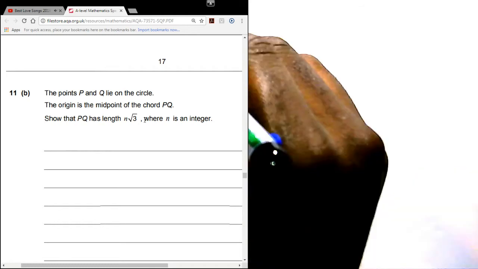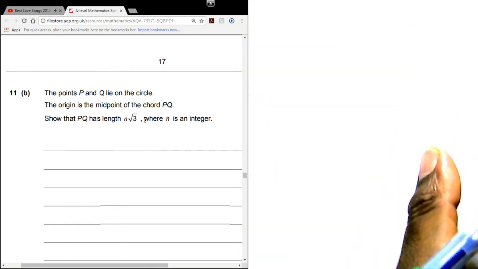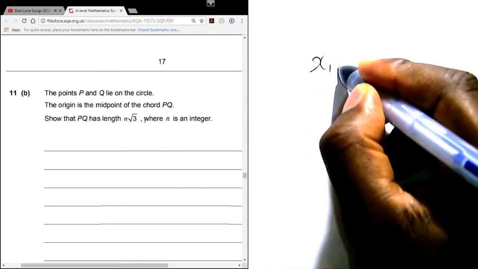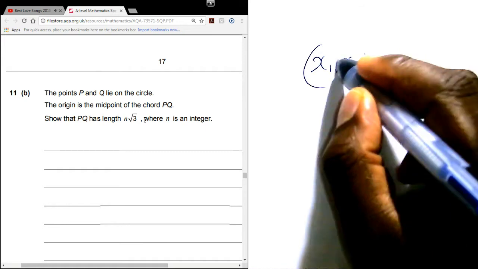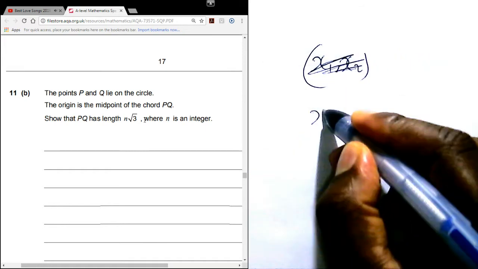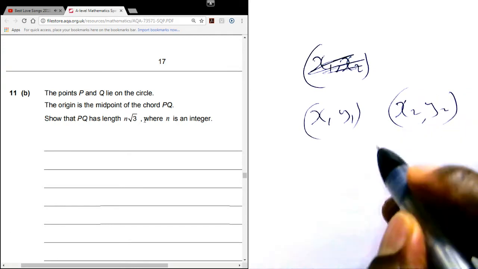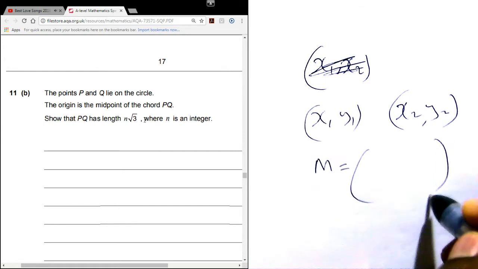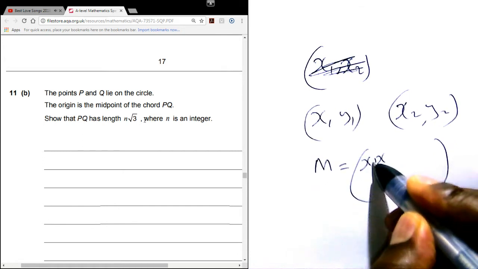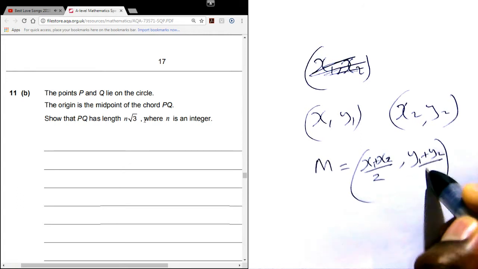When you have x1 y1 and x2 y2, what we usually say is that the midpoint is the point where you have the average of their x values and the average of their y values.